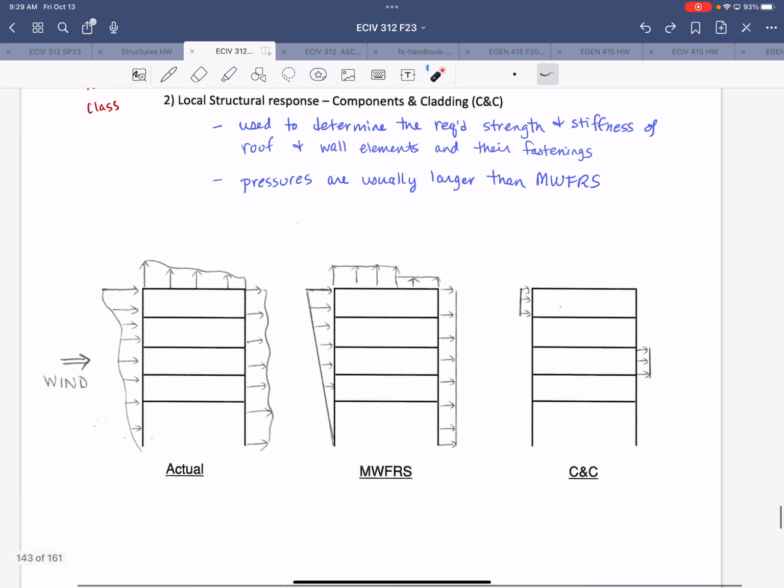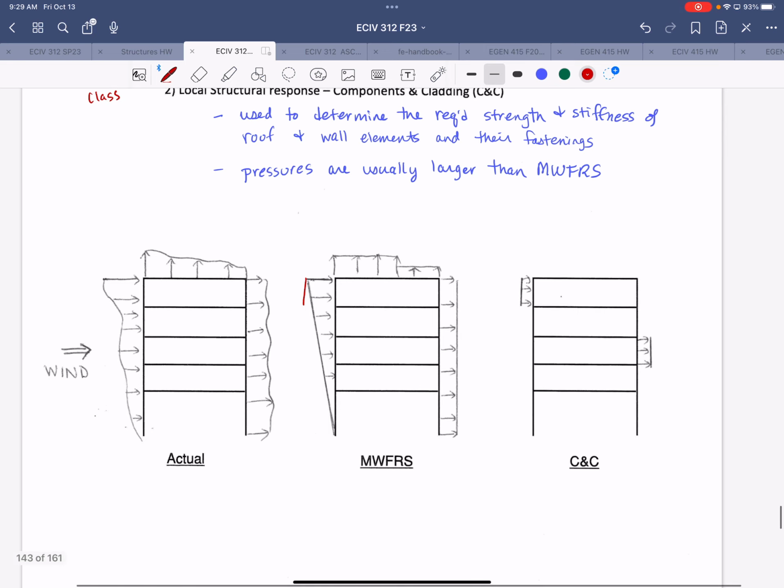So for our main wind force resisting system analysis, we simplify these distributions. In theory, we simplify this windward wall as a linear variation with height. In practice, though, we further simplify that and break it into blocks.